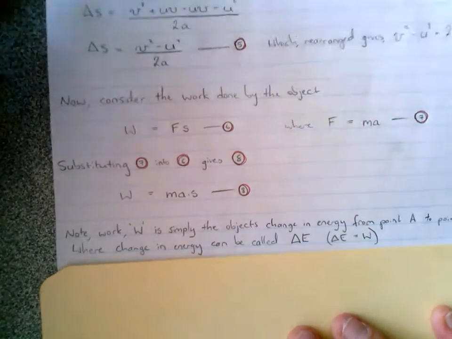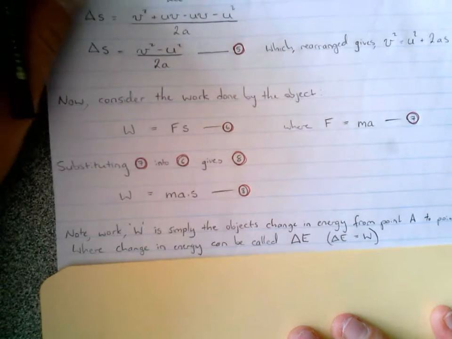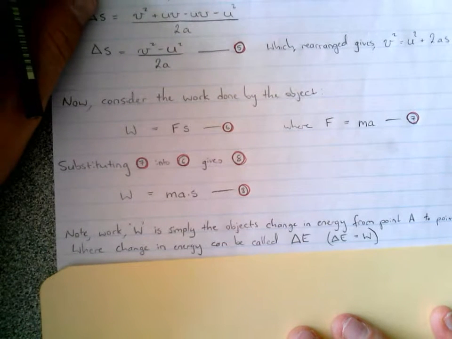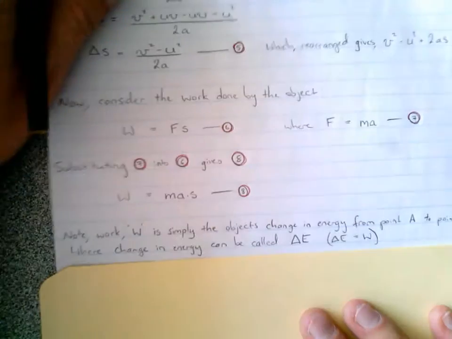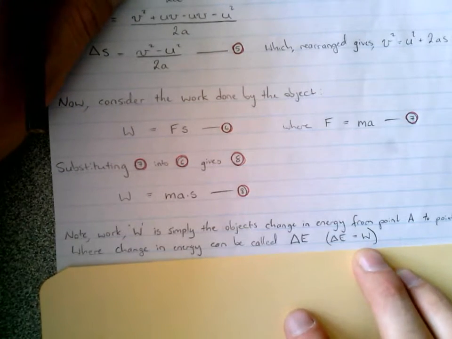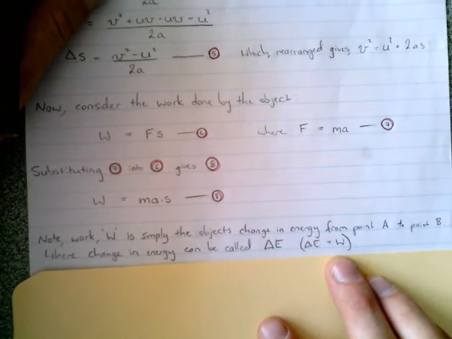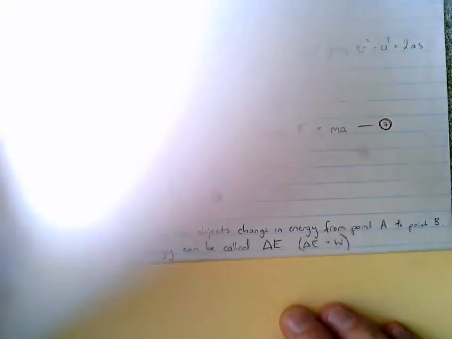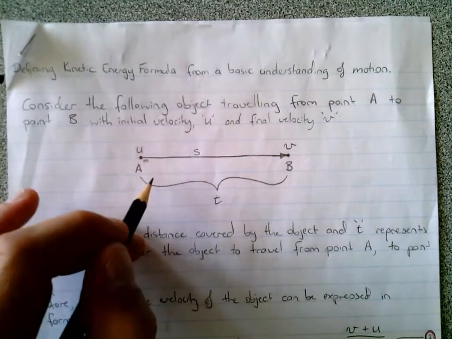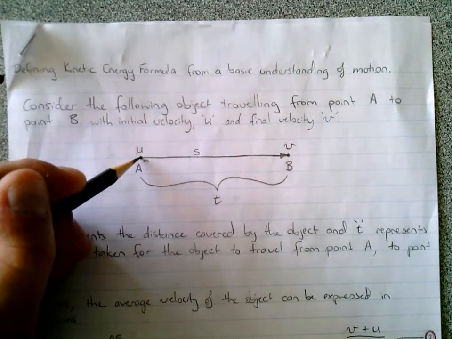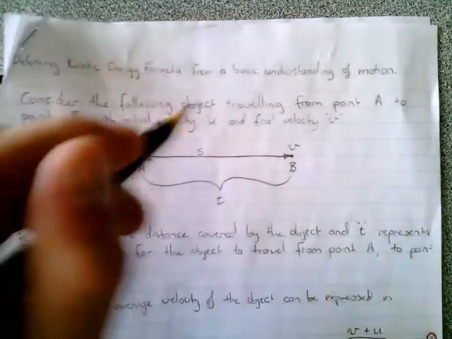Note, the work, W, is simply the object's change in energy from point A to point B, where change in energy can be called delta E, such that delta E equals W. So all I'm saying there is that when we talk about work, in this situation, work is the change in energy from this point to this point.